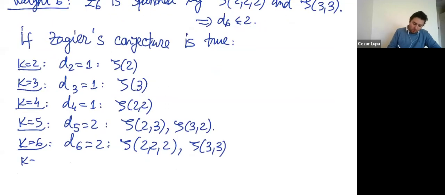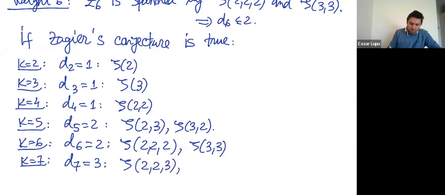And let me write one more. If we want D7 to be 3, we'll have these 3 values: triple zeta of 2, 2, 3, triple zeta of 2, 3, 2, and triple zeta of 3, 2, 2.